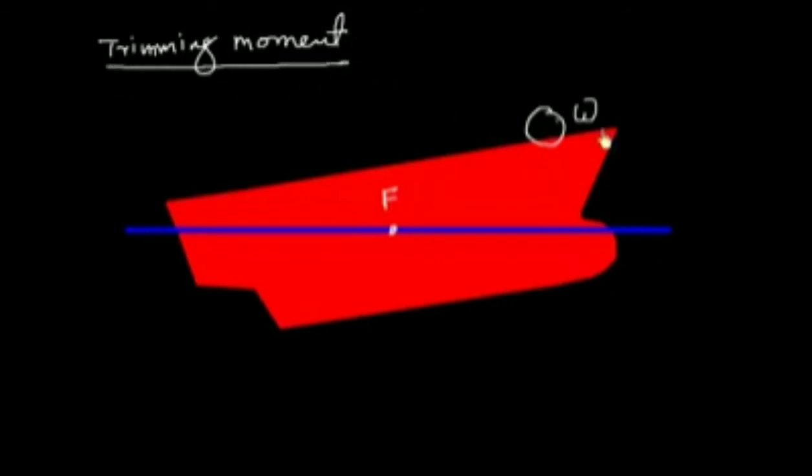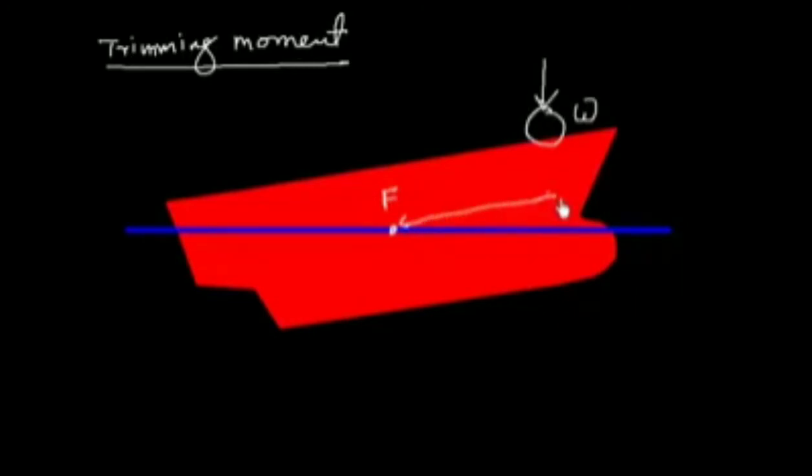Now if I load some W ton weight here, there will be a movement, and this movement will be the trimming moment. Trimming moment is the moment which will cause the trim. So if I load this W ton here, what is my trimming moment?